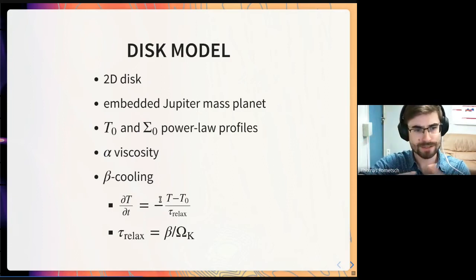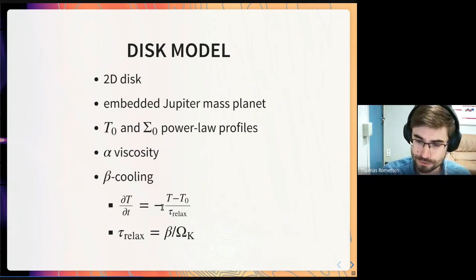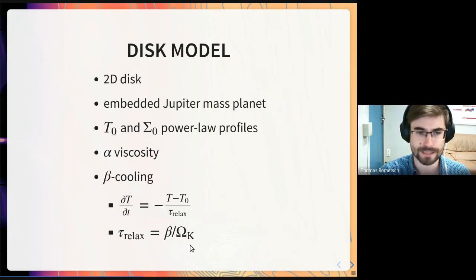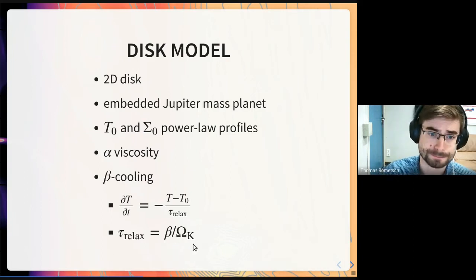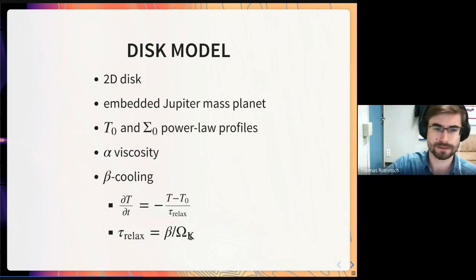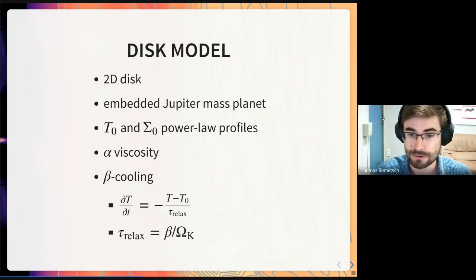So whatever happens in the disk, it decays back exponentially to a background temperature. And the time scale for that is given by tau relax here. And this depends on the beta parameter and the orbital timescale. So that's why it's called beta cooling. But if you cool too much, it can actually be heating. So beta relaxation or thermal relaxation is another word for that.